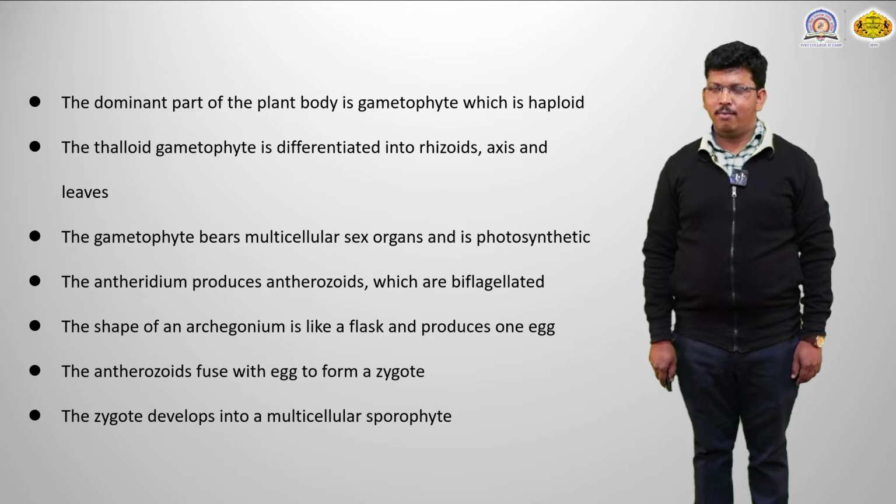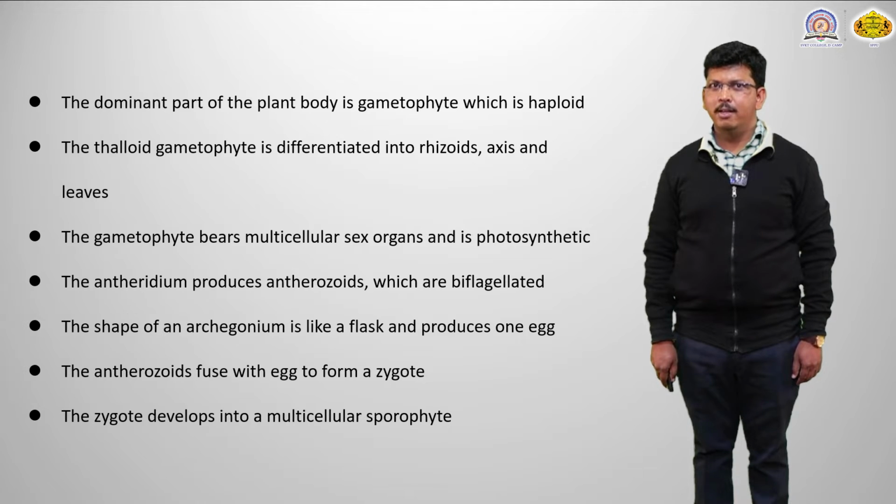Why do they contain biflagella or flagella? Because of movement, for the purpose of reproduction. During reproduction, the male gametes, for example antherozoids, travel from the male region to the female region, which we call the archegonium, because the archegonium cannot move.